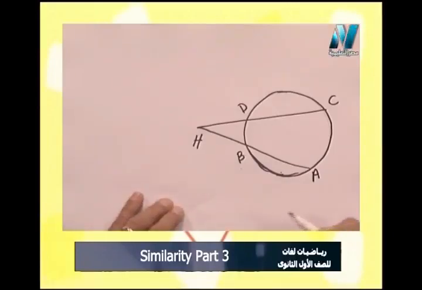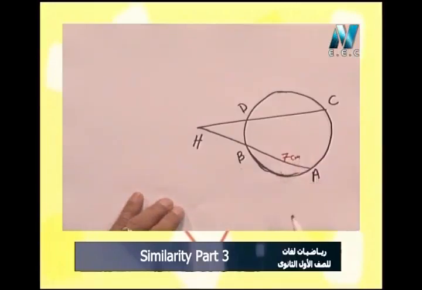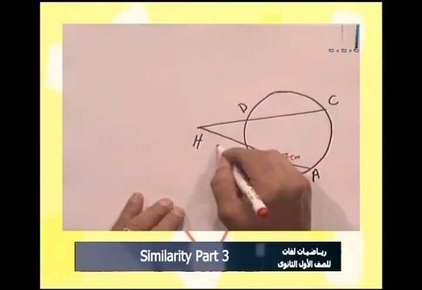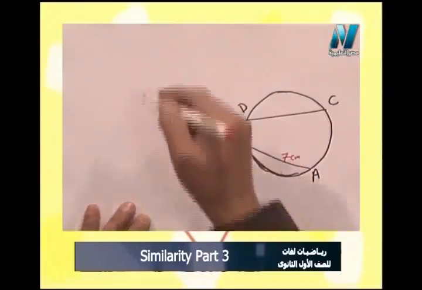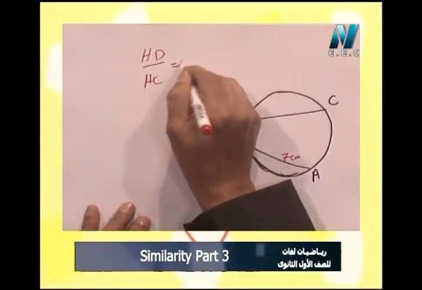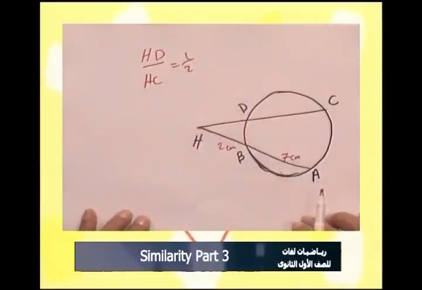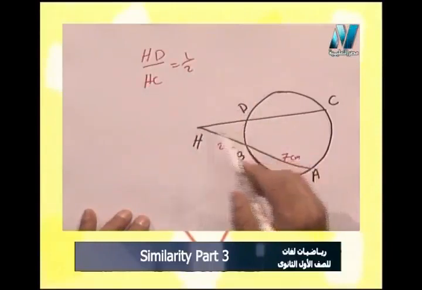We have BA here equals 7 centimeters and BH equals 2 centimeters, and the ratio between HD and HC equals half. So HD equals what? Is it equal to 1?